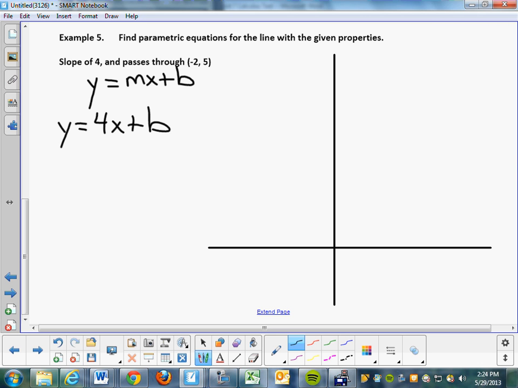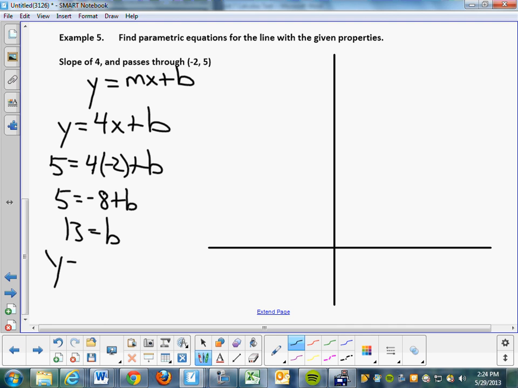How do I do that? Plug in x, plug in y. So y is 5. I have 4 times negative 2 plus b. 4 times negative 2 is negative 8. So I get 5 equals negative 8 plus b. 13 is b. So y equals 4x plus 13.